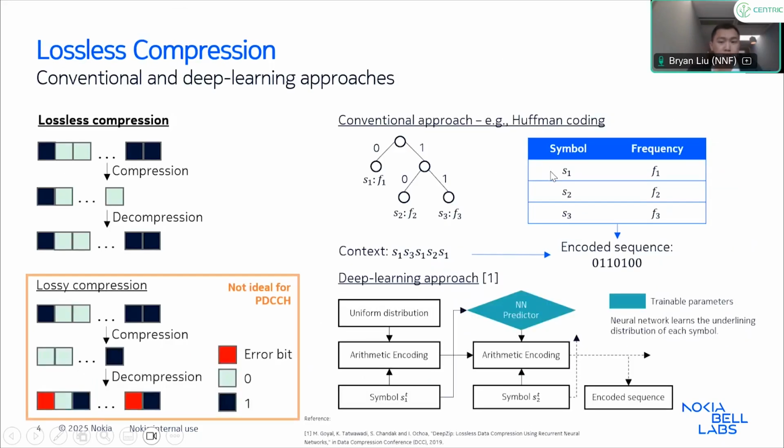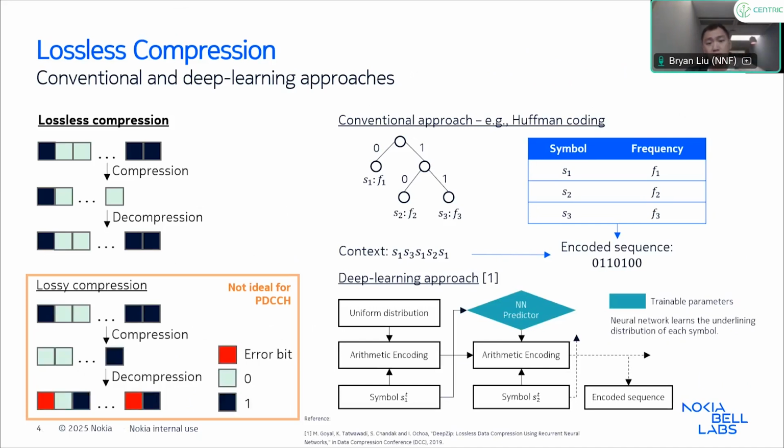Talking about compression techniques, there are usually two main types. One is lossless and the other is lossy compression. There are many lossy compression techniques proposed by many researchers and engineers, but those techniques are not ideal for PDCCH in a wireless system because it's a control channel.